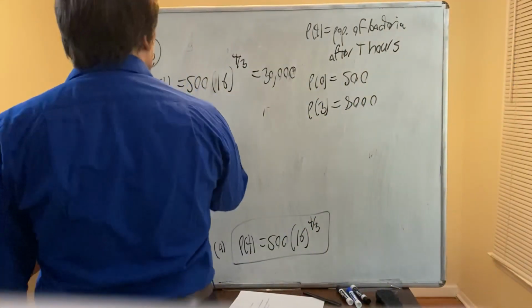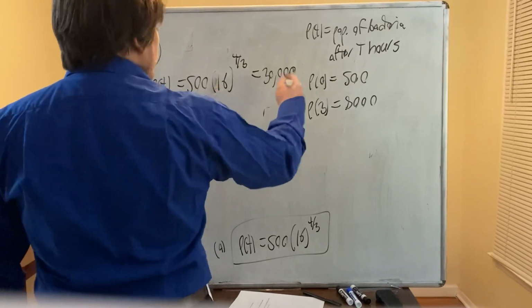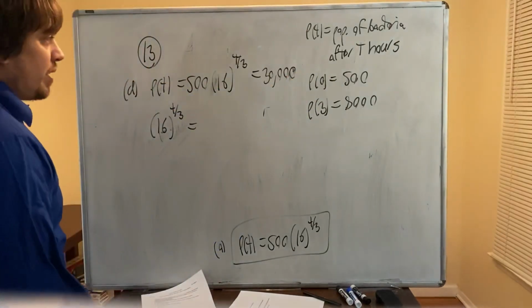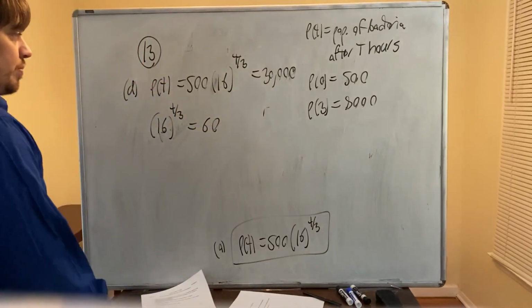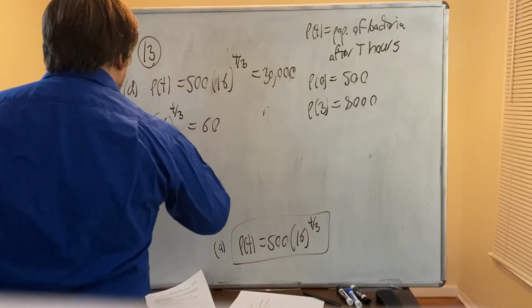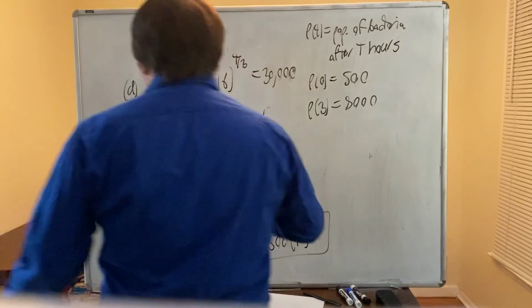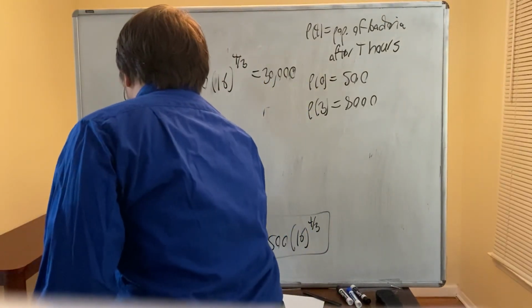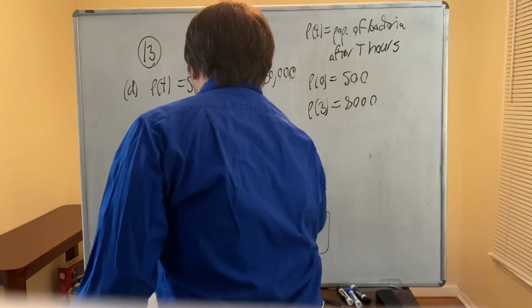So divide both sides by 500. You get 16 to the t over 3 is equal to 30,000 divided by 500, and you get 60. And take ln of both sides. So you get ln of 16 raised to t over 3 is equal to ln of 60. Exponent goes in front. t over 3 times ln of 16 equals ln of 60.